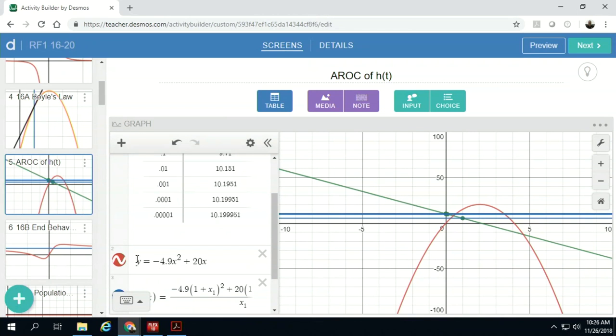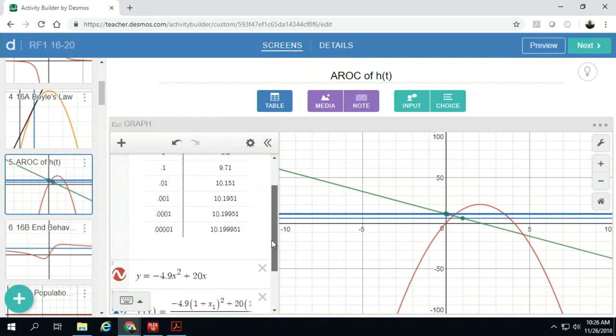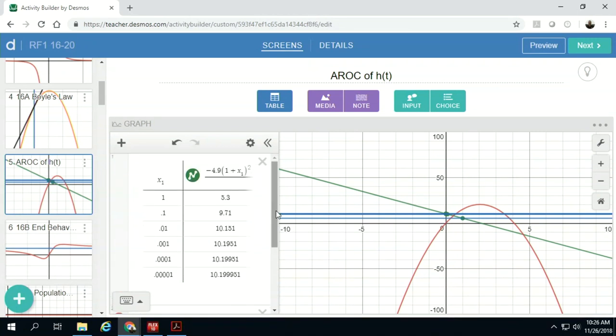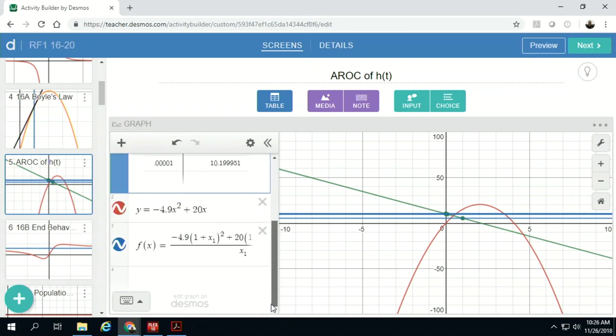And we've got our height function. Right here is red. I should turn everything else off so that you can see it. And we've got our height function. What do you see? So our function starts at 0, it goes up. We threw a ball up into the air, it comes back down.